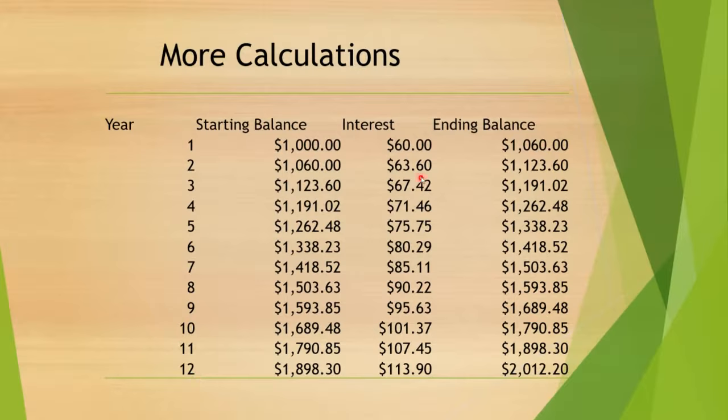You can see the interest is increasing, and of course, the balances as well. Basically, at the end of a year, the ending balance becomes the starting balance for the following year. So this is what we would have if we did this for 12 years.